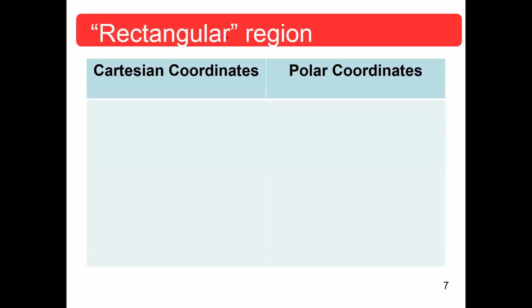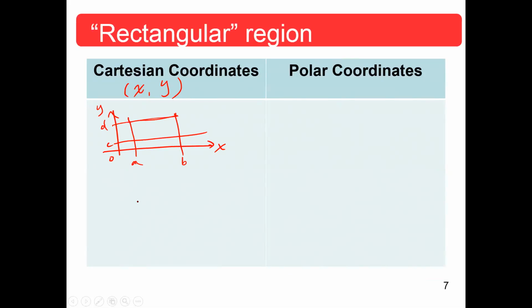So let's recall the rectangular region in Cartesian coordinates. In Cartesian coordinates, we're using x and y. And when it comes to a rectangular region, it's pretty straightforward. Basically, your x would be bounded by two constants, and y would be bounded by two constants, c and d.